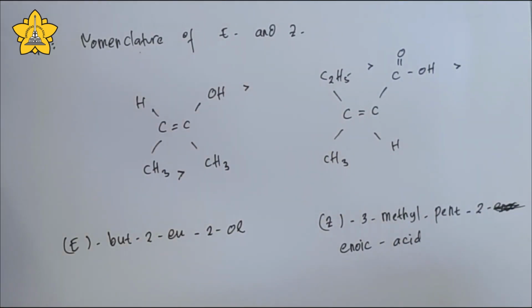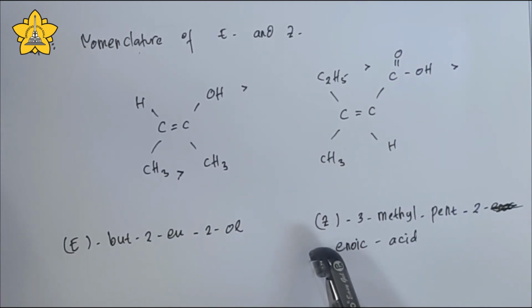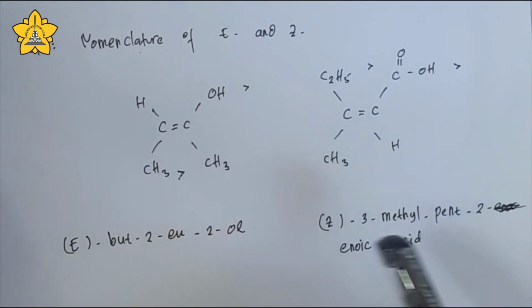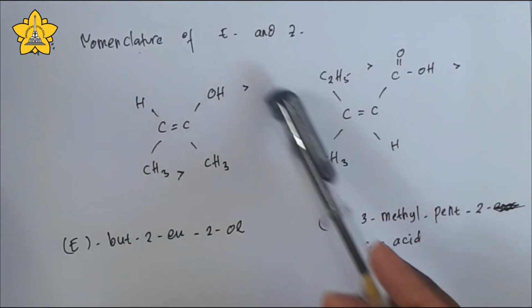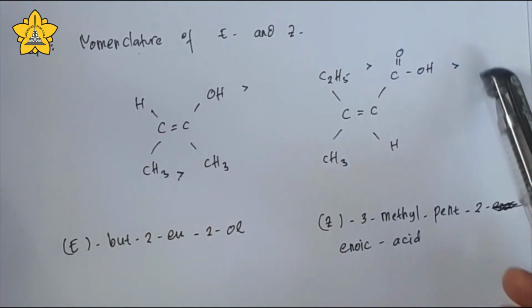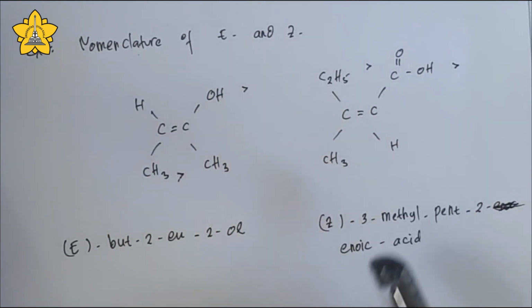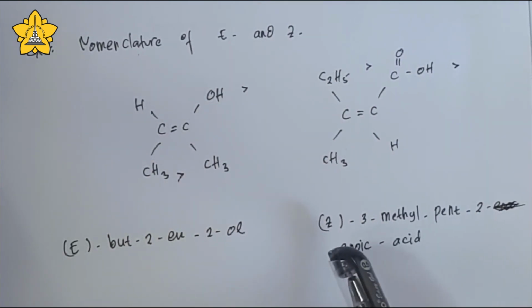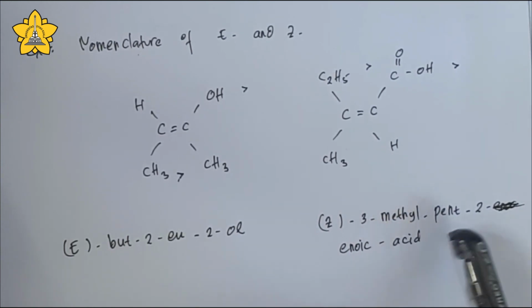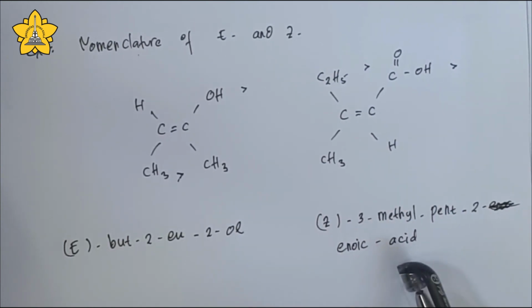But in the case of E and Z, we define it as the Z molecule, because Z is similar to cheese, meaning together, and the higher-priority groups are on the same side. That's why this molecule is Z-3-methylpent-2-enoic acid.